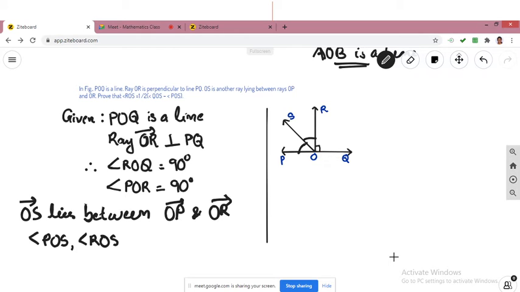The condition for two angles to be adjacent is that they should have a common arm, a common vertex, and their non-common arms should lie on either side of the common arm. So are these two angles satisfying those conditions?